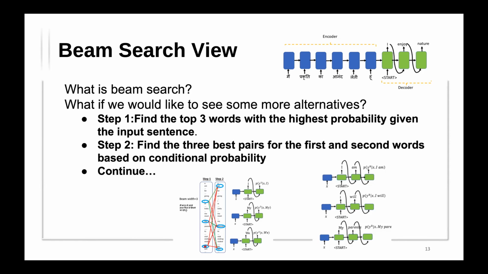Not exponentially. First you choose the top 3, and then in the second step you find the best 3 pairs. So if you have 1,000 words in your vocabulary, then in this case you would find 3 best pairs from the 3,000 pairs, right?